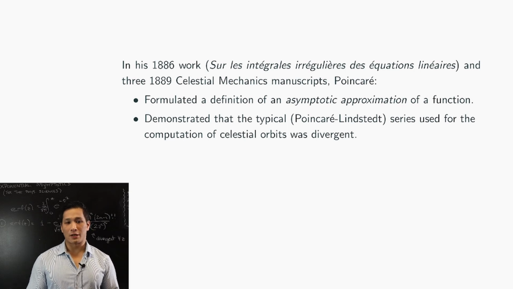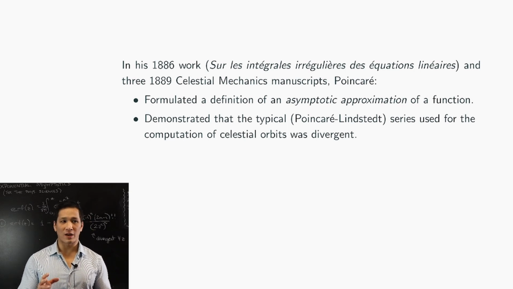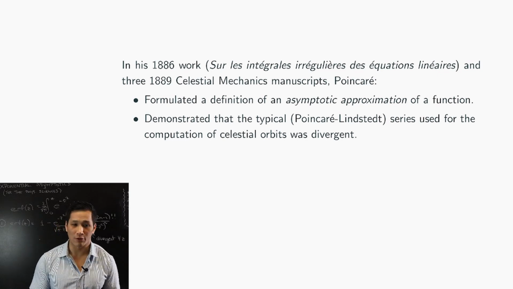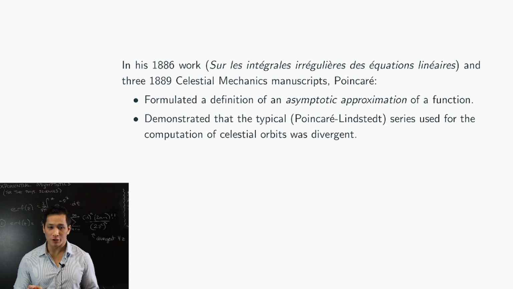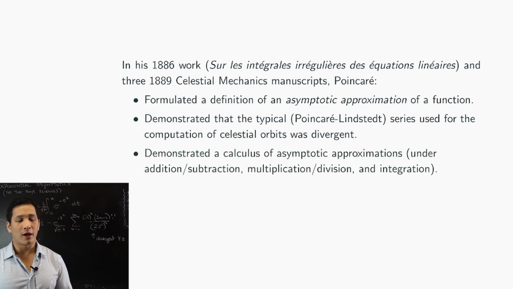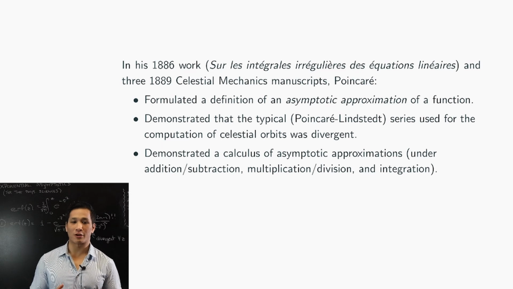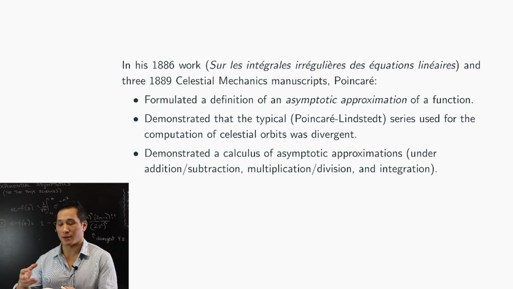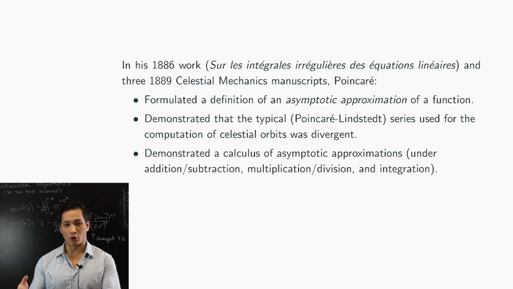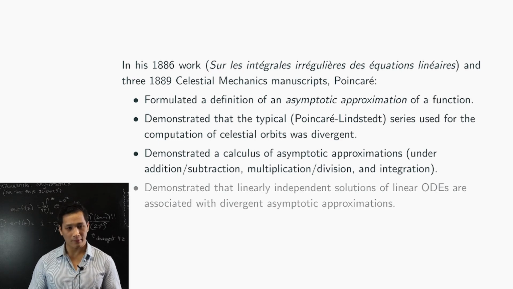He demonstrated that the typical asymptotic approximations used in celestial mechanics, what are now called Poincare-Lindstedt series, were in fact divergent. And then he demonstrated that there is a kind of arithmetic, a calculus of asymptotic approximations. In particular, you can add two asymptotic approximations together and they remain an asymptotic approximation. You can multiply or divide them as long as you don't divide by 0, and you can also integrate them, but you can't differentiate them.